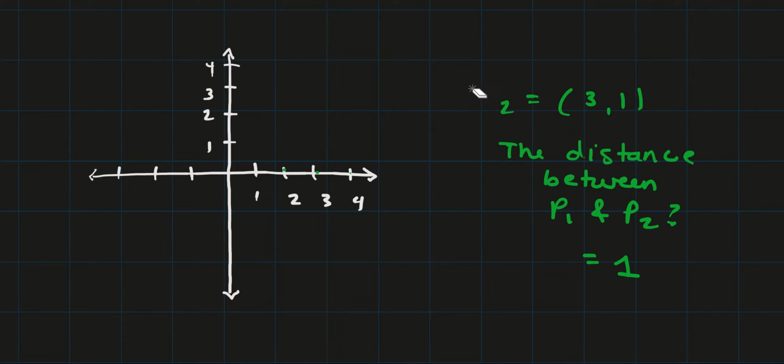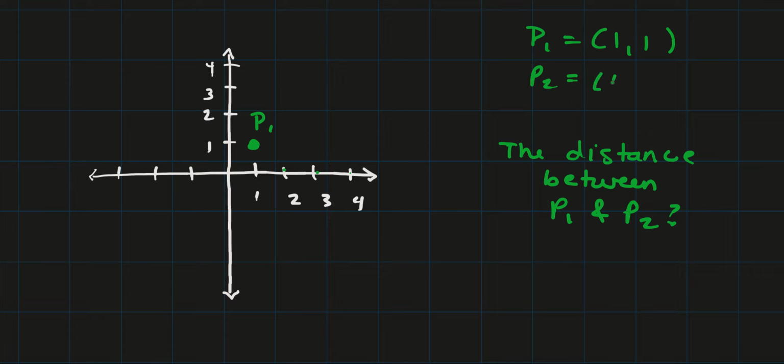So I'm going to do something a little bit trickier. Let's say we have the points (1, 1), which I'm going to call P1, and then let's go with (4, 3).